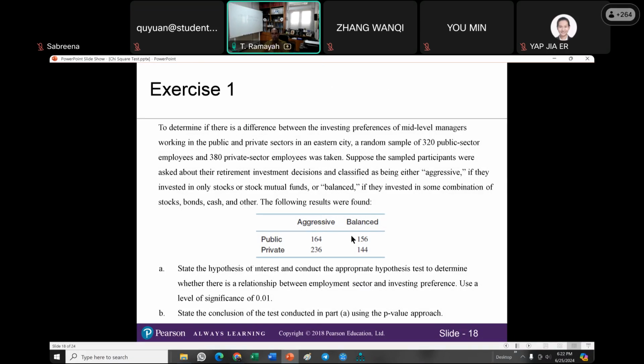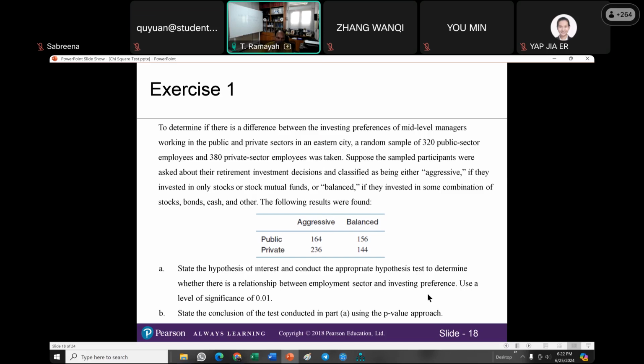So what we want to know is whether this investing preference and the sector, investing preference is aggressive versus balanced, and the sector is public versus private, are these two variables independent or not independent? Okay.